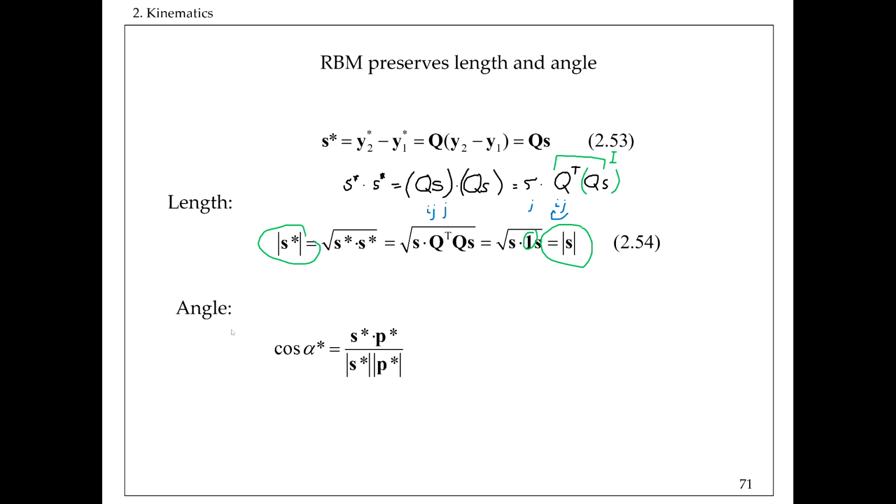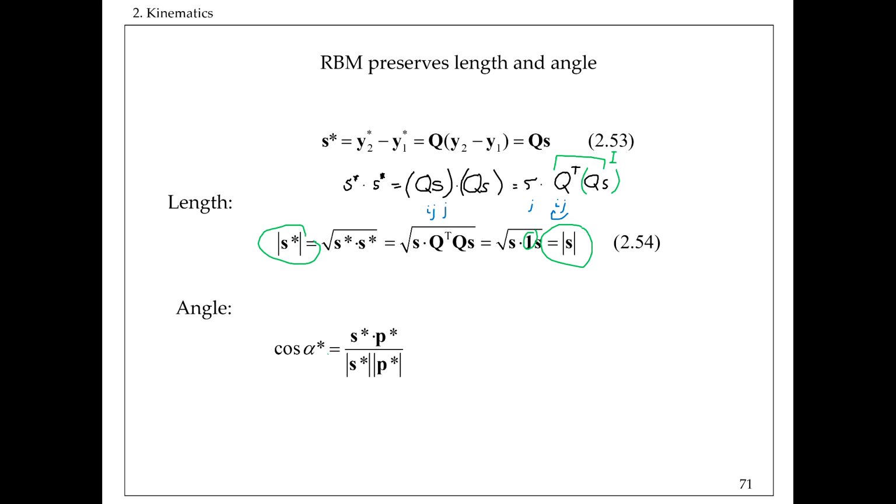And again, for the angle, we're not calculating the angle alpha itself, but rather we're looking into the cosine of alpha. But of course, you can calculate the angle if you want. But for us, it's enough to establish the relation of cosine alpha of the new angle with the original angle.